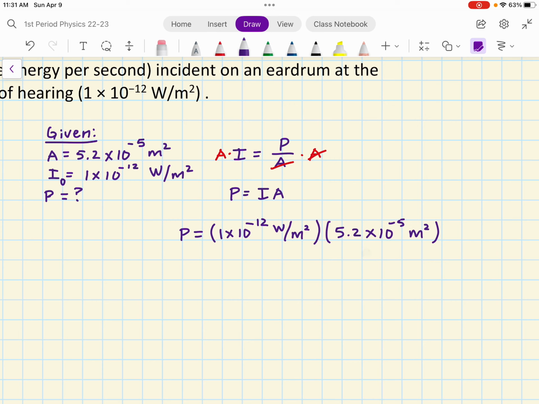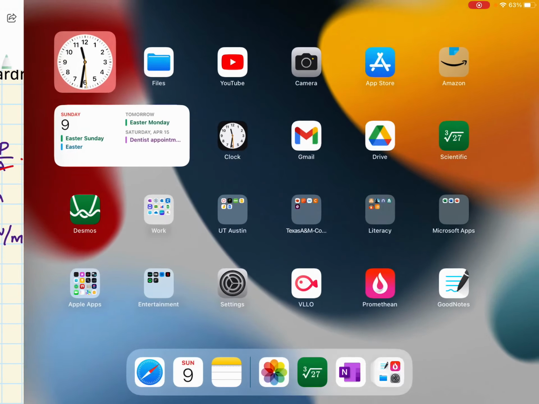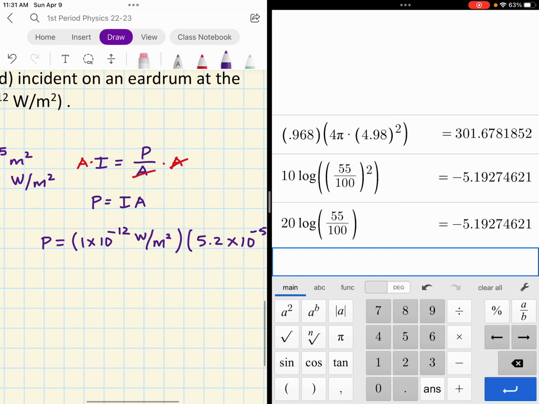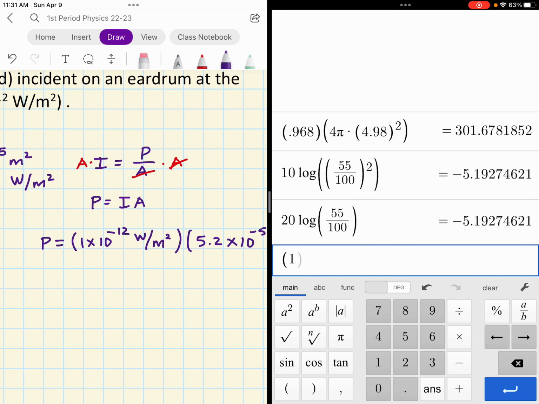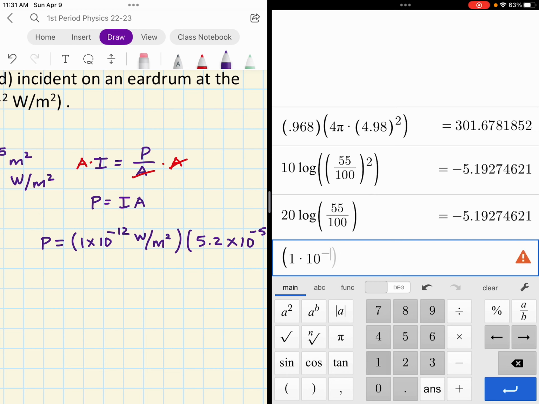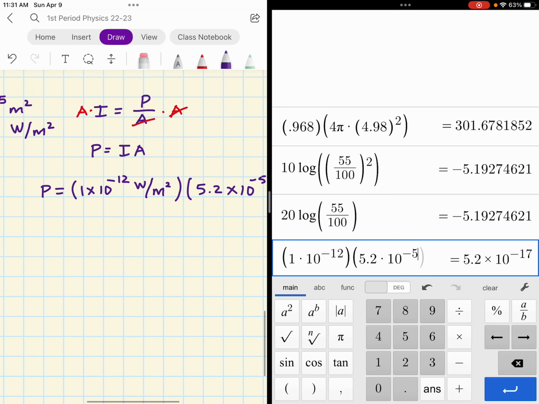If you know the rules of exponents. If you don't, that's okay. Let me just show you, and you'll see that we're going to get that same thing. So 1 times 10 to the negative 12, that's the threshold of hearing, times the area, 5.2 times 10 to the negative 5 power, gives 5.2 times 10 to the negative 17 power, as we predicted.